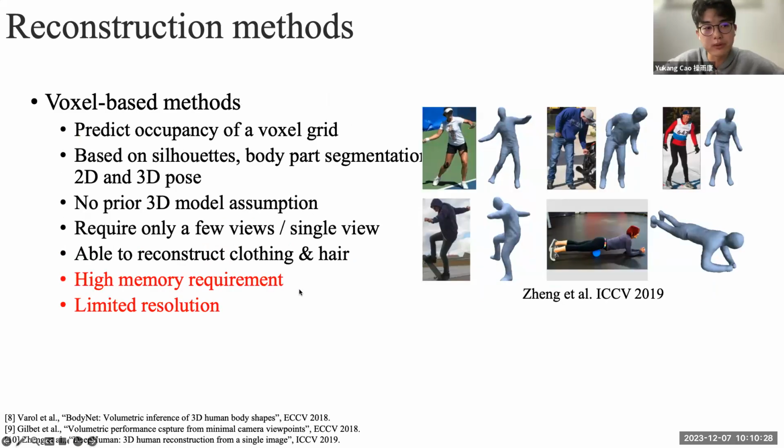To build clothing topologies, voxel-based methods were proposed to predict per point occupancy of a voxel grid. Unfortunately, these methods often require high GPU memory to infer or train a single model. As a result, engineers can only build low-resolution models during the application.